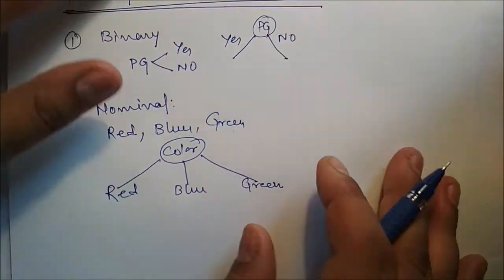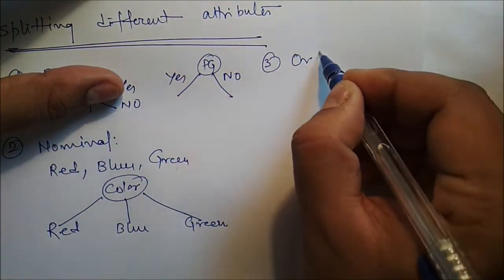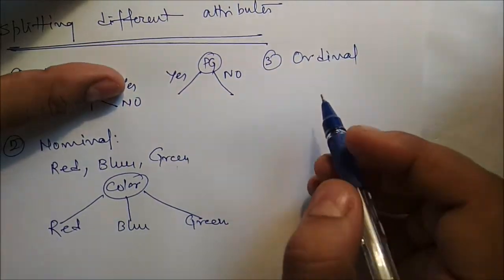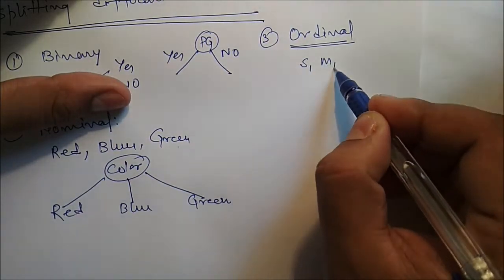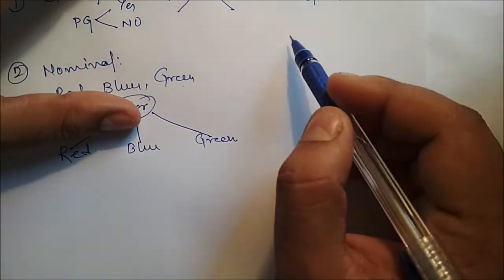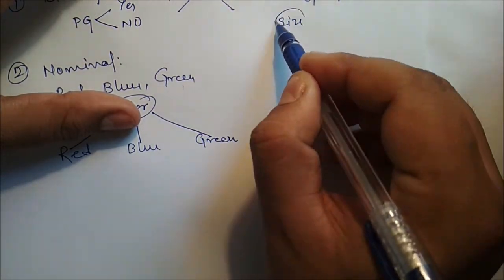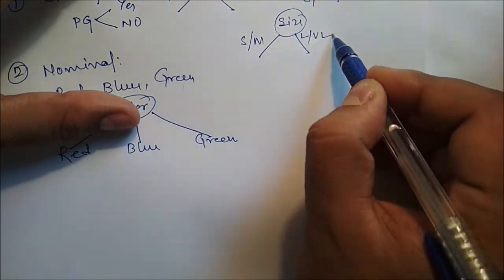Next, if it is ordinal, ordinal means some ranks are there, say small, medium, large, very large. So we can break the tree this way: small and medium this side, large and very large this side.